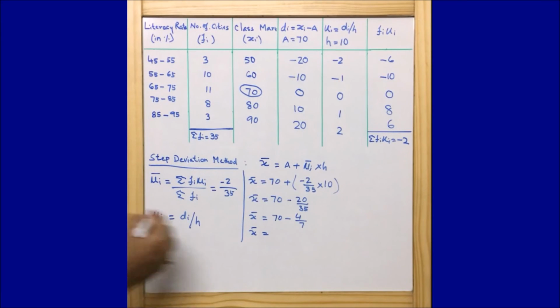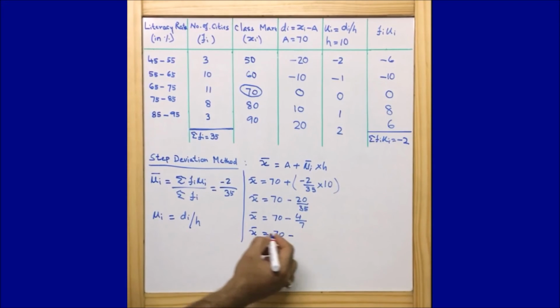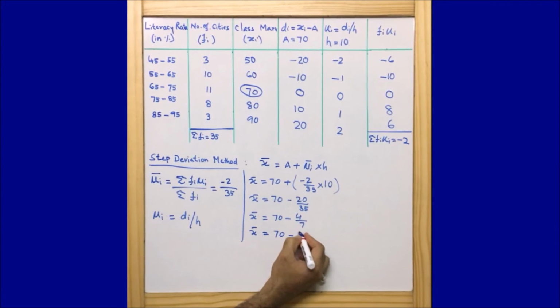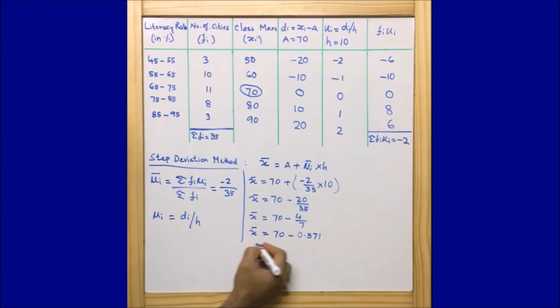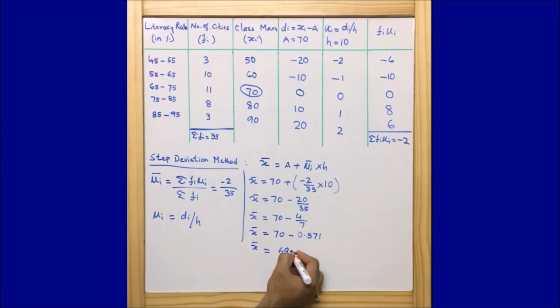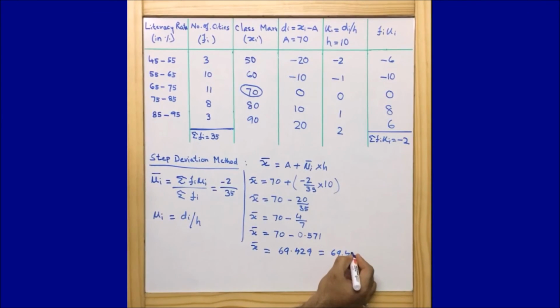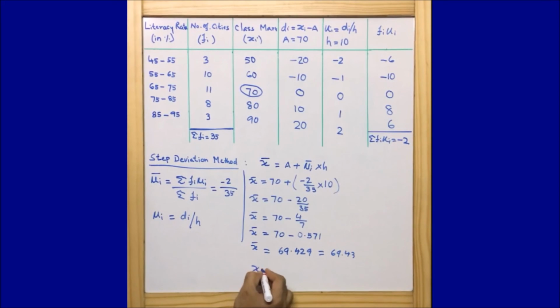So 4 by 7, we are getting 0.571. We can round that to 2 digits, like 0.57, but in the later stage we will round it to 2 digits. So here we are getting 70 minus 0.57 is 69.429, or that is equal to 69.43. So therefore we got mean is equal to 69.43.